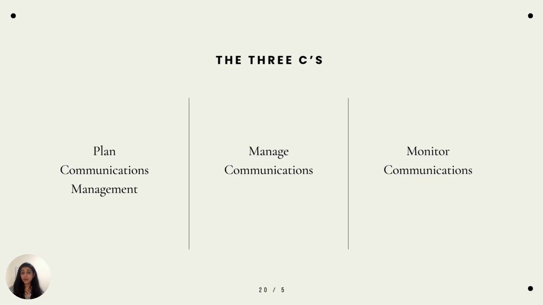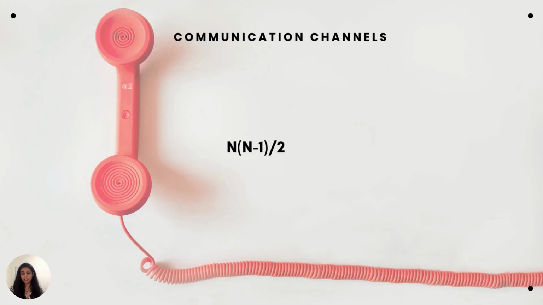Let's look at the math you absolutely must know for your exam. This is one of PMP's most favorite questions to be asked, the communication channels question. They'll give numbers and ask you to solve the question. The complexity of your project's communication environment can be calculated. So you must calculate the total potential channels in the planning stage itself.